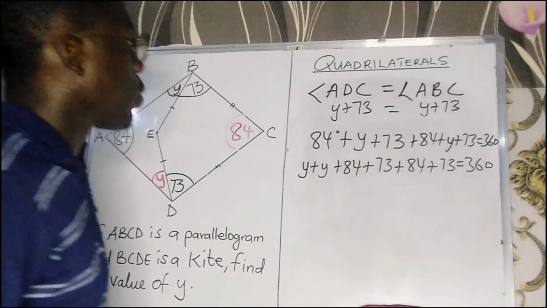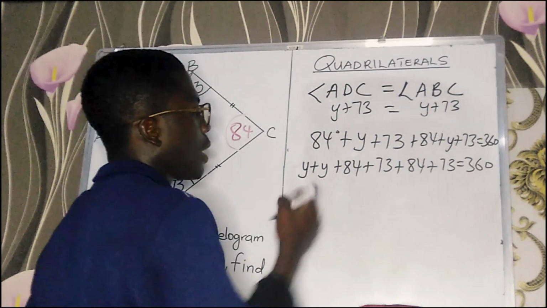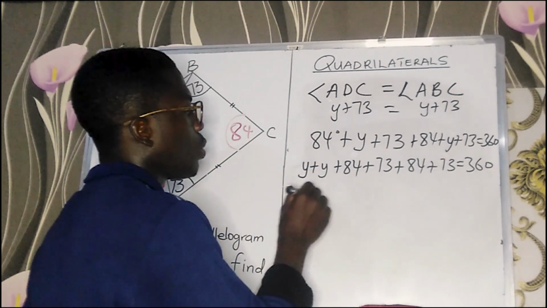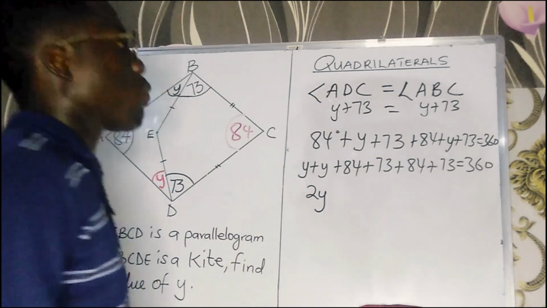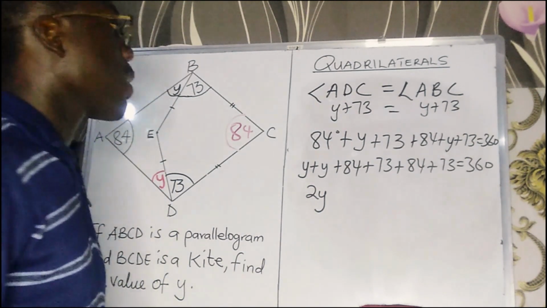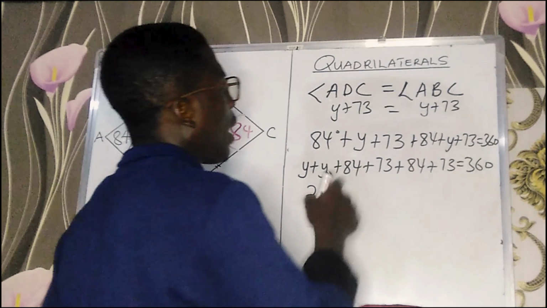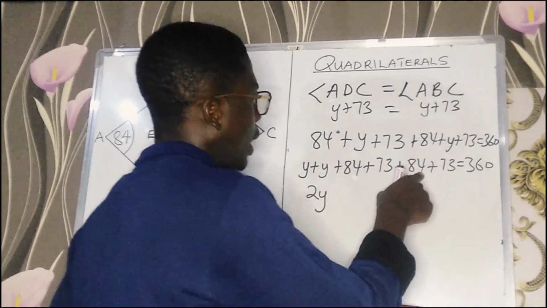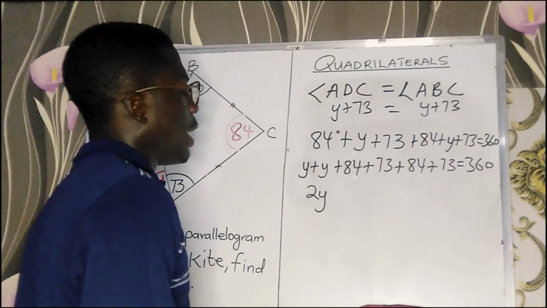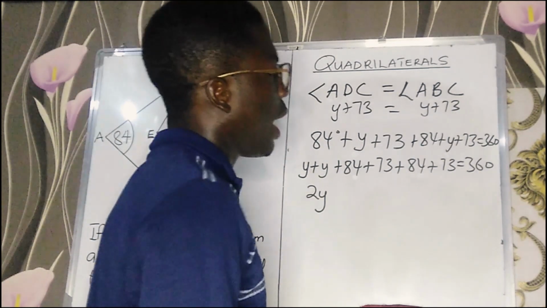So y plus y will then be 2y. We have 84 plus this 84 will be 168.